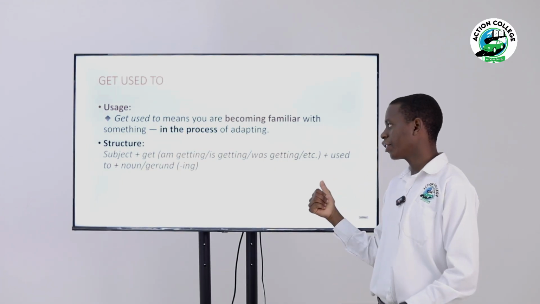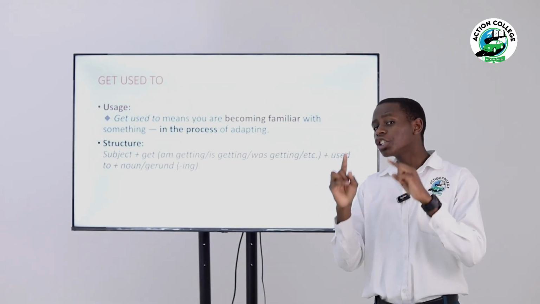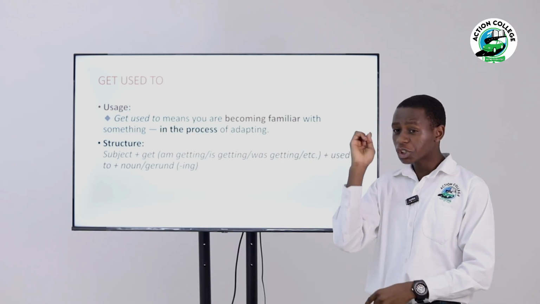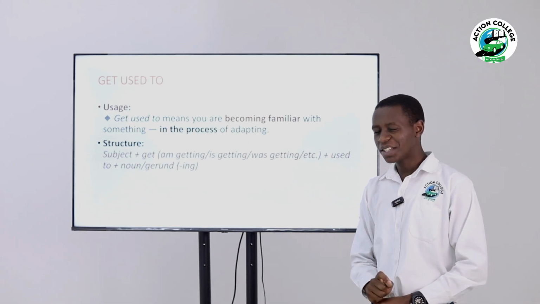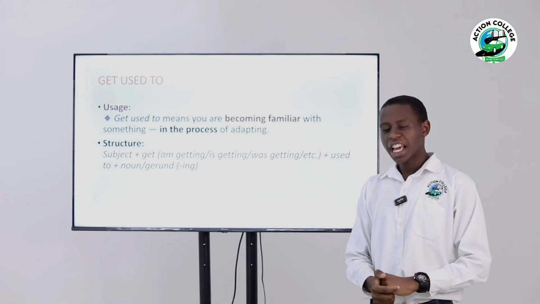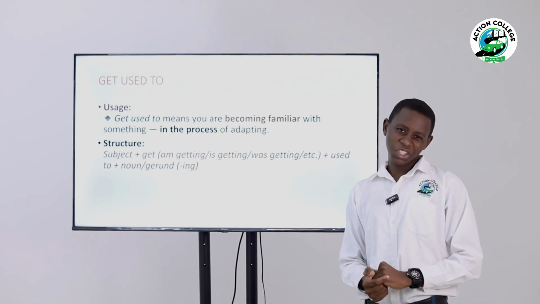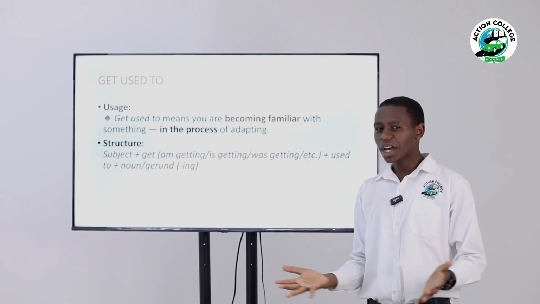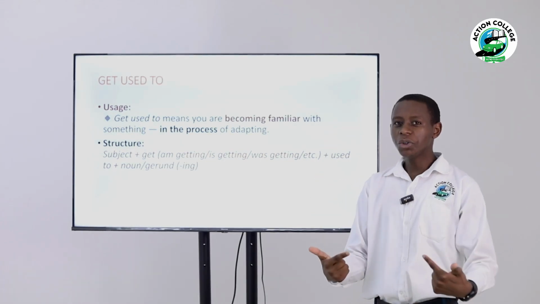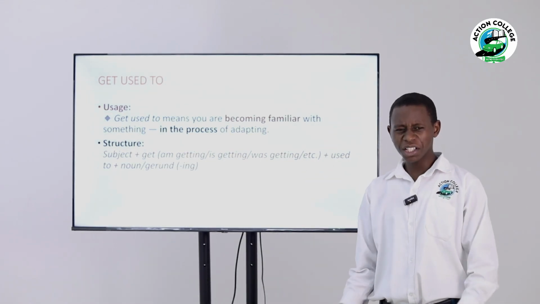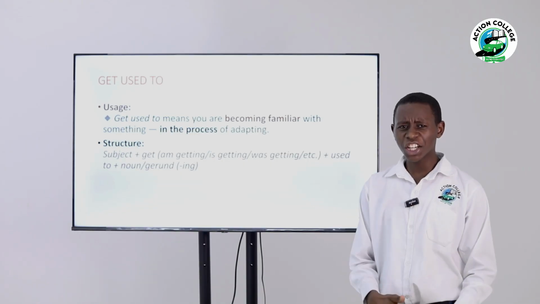So here, it is very important to care about the structure. Don't make the mistake of saying, I get used to work. No, it is not correct. At least you can say I'm getting used to working, because if you say to work, structurally it is not correct.